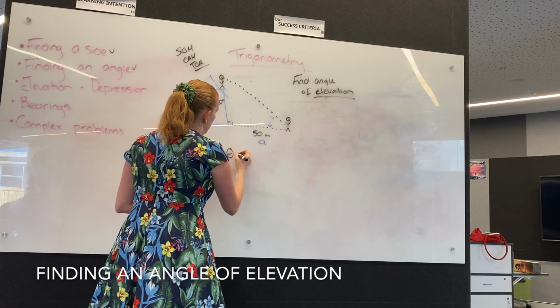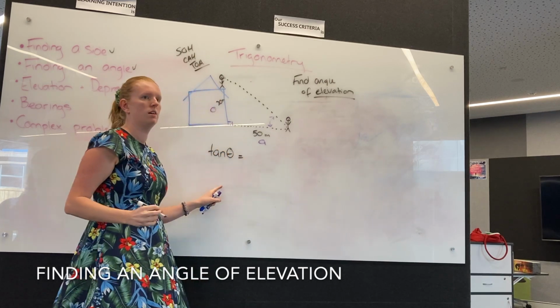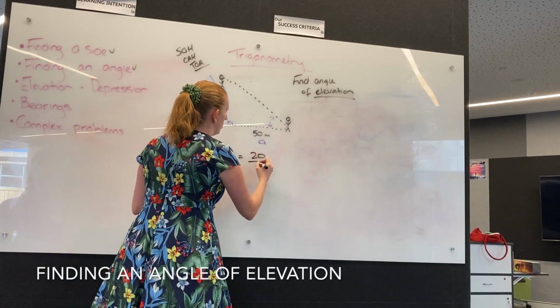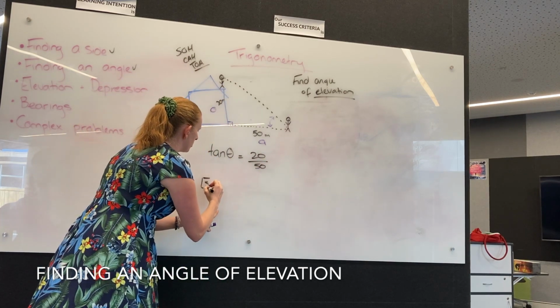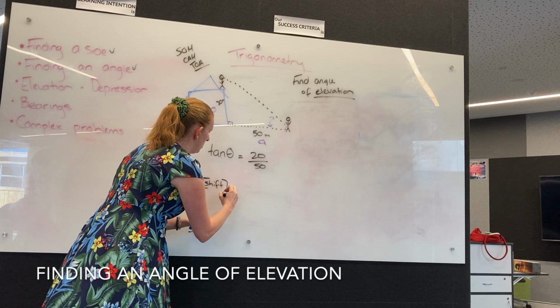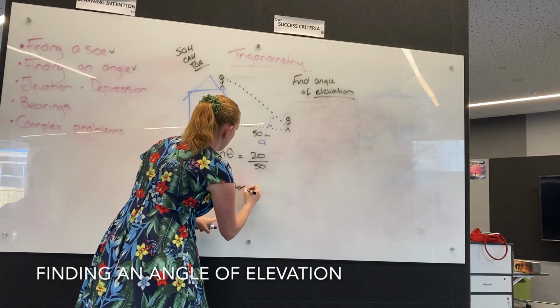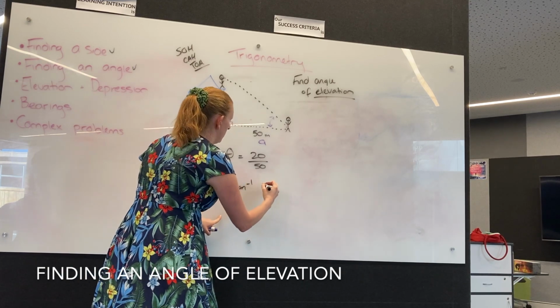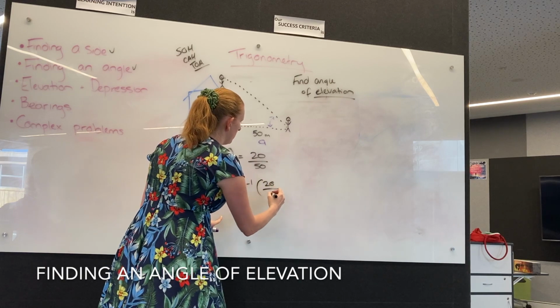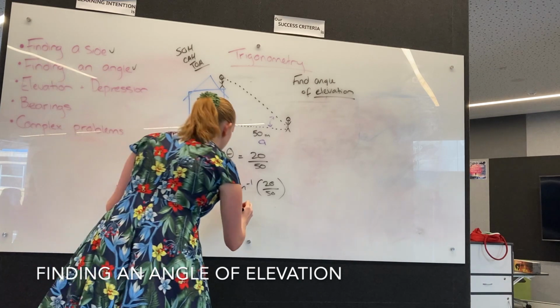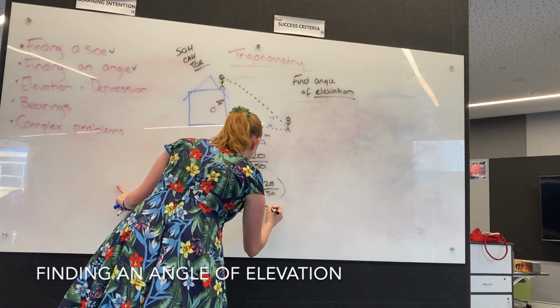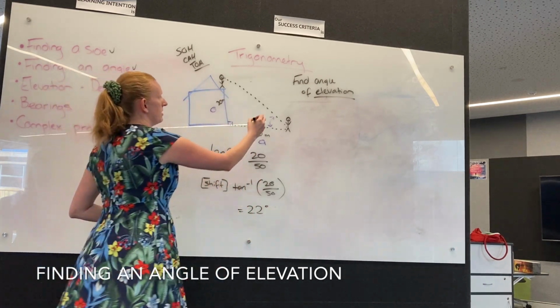So tan is equal to opposite over adjacent, so 20 over 50. So in my calculator, I press shift first. Then I press tan, and it'll give me tan with a little -1. And then I'm going to write 20 over 50. Great, awesome. 22 degrees. Great, so that's how big this angle is here.